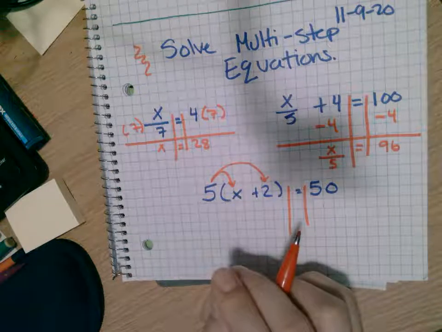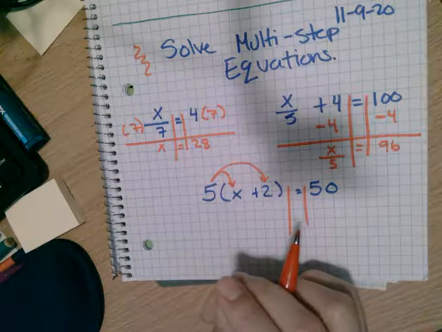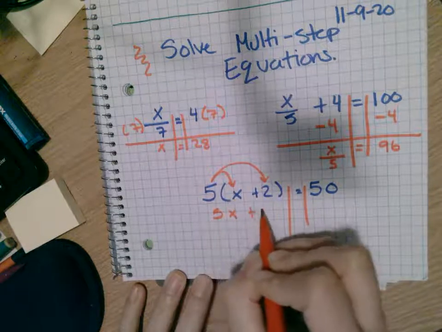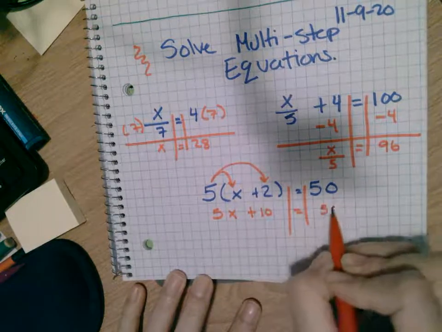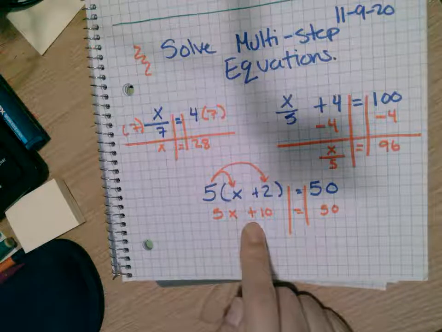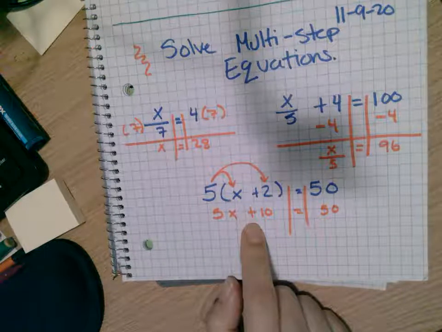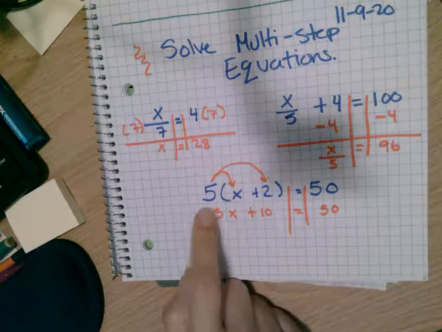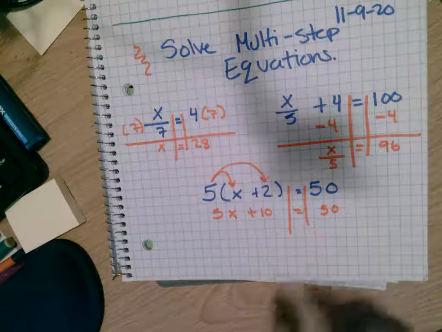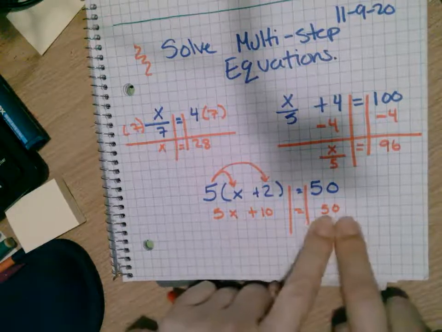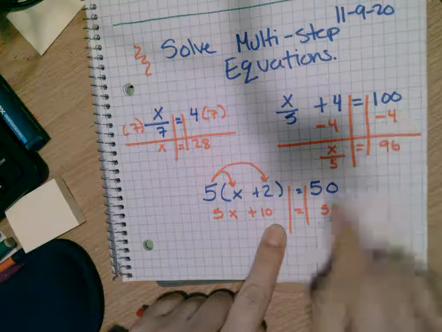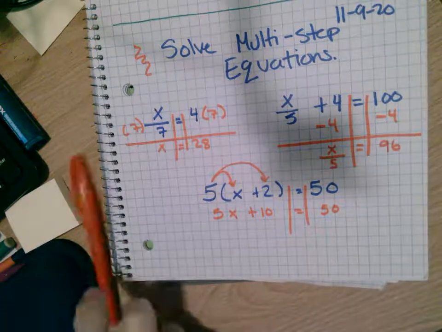So I taught you the distributive property a couple weeks ago. So we get 5x plus 10 equals 50. Now, if you don't know where I got 5x plus 10, take a moment to go, how did you get 5x plus 10? 5 times x, 5x. 5 times 2, 10. Now here, we have this problem up here, basically, right? Two steps to solve it.